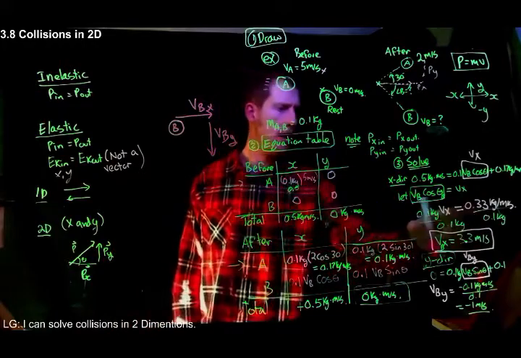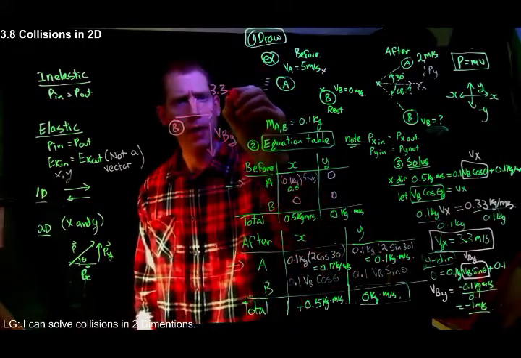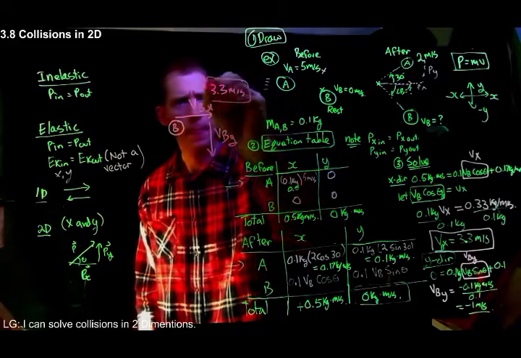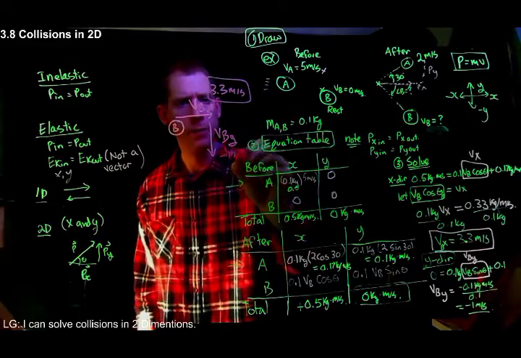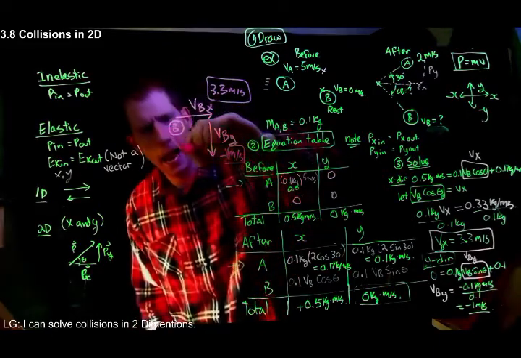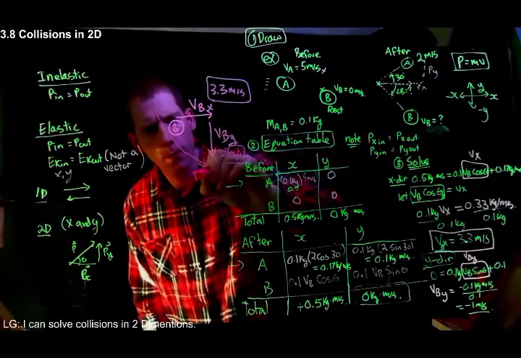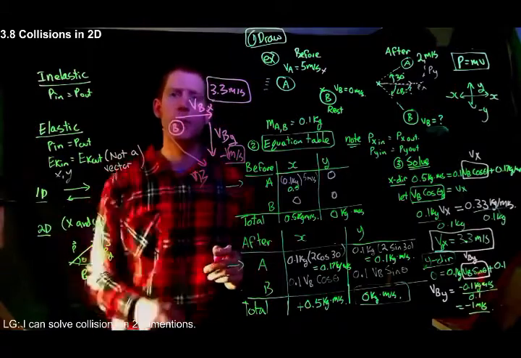The speed in the x direction is equal to 3.3 meters per second. Agree? This was equal to negative 1 meters per second. So therefore, to find out VB, or my final speed, it's using the Pythagoras Theorem.